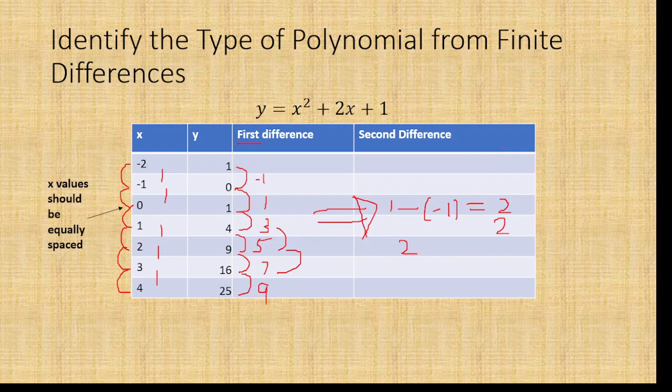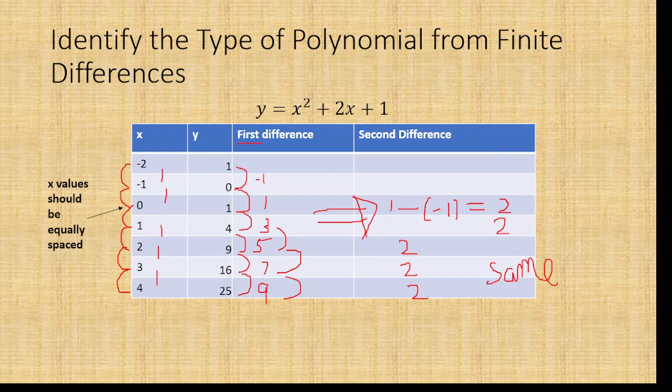Then 7 minus 5 is 2. And 9 minus 7 again comes out to be 2. Here we see that all values of the second difference come out to be 2. So they all are the same, or constant.